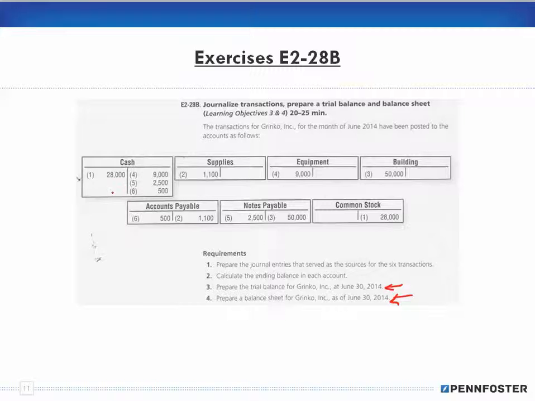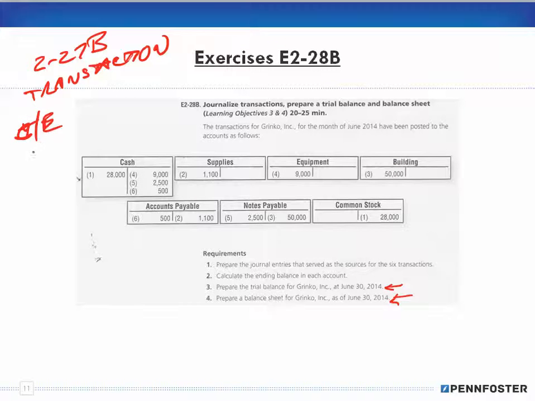Notice here, if you had seen the videos for exercise 2-27B, basically we were given the transactions and beginning balances in the ledger accounts, so we had to create our journal entries, and then we posted them to the ledger accounts before we created a balance and then created a trial balance.